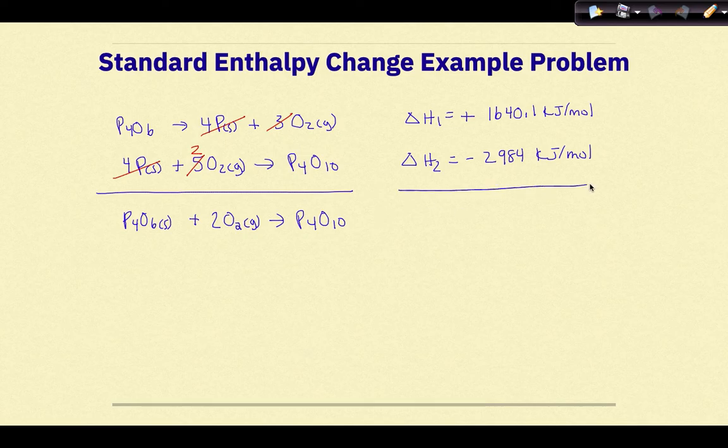I have my original equation. And then what I will do is I will combine my delta H1 and my delta H2 together. So my overall heat of reaction is equal to negative 1,343.9 kilojoules per mole. So that's another example of how to approach these problems.